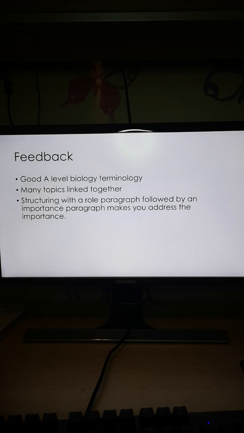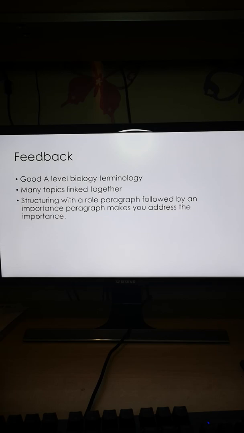I'm going to give us a bit of feedback now on that paragraph. So it's really because the student used 2 paragraphs here. In the first paragraph about the role of DNA as a transfer, information transfer molecule from parent cell to daughter cell, the A-level terminology was very strong. There were many links to topics in there as well.